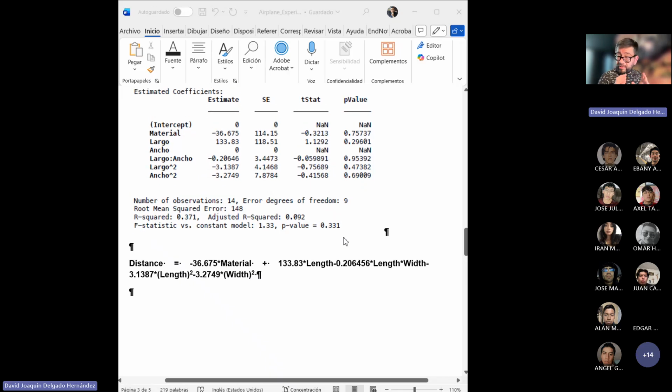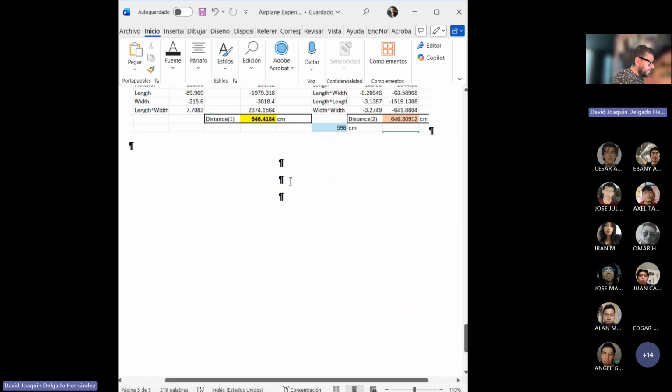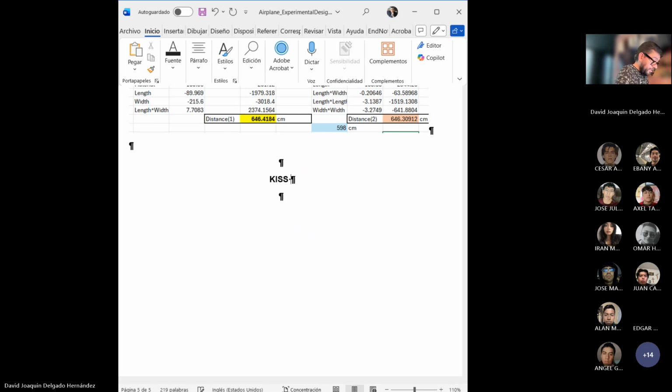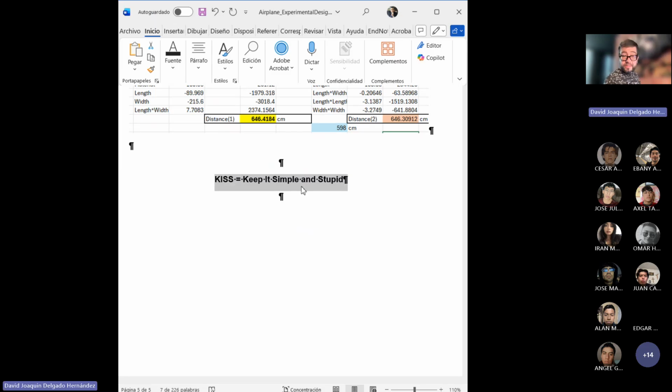So in artificial intelligence, if two models are giving me exactly the same results, I would prefer the simpler. There is an acronym in English. I will write it here, which says KISS. It means keep it simple and stupid.